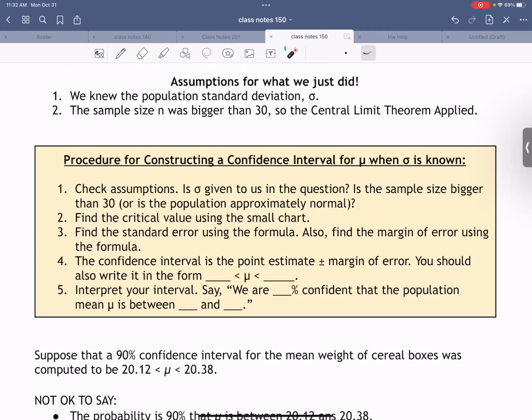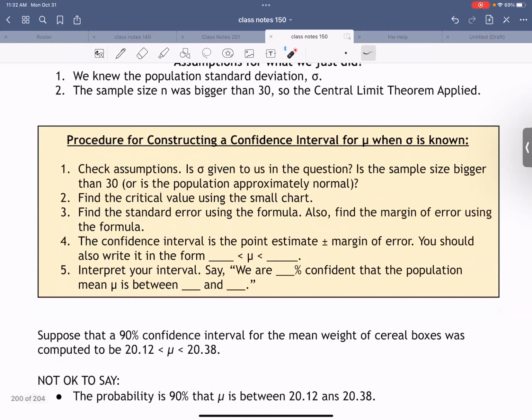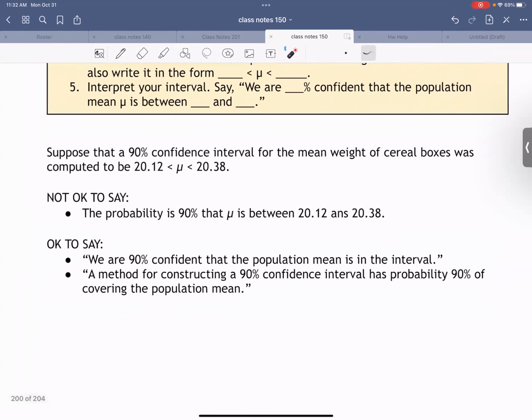Before we actually do an example, let's suppose that we did a 90% confidence interval and we got these two numbers. I think I harped on this long enough. It is okay to say that we are 90% confident that the population mean is in the interval. What's not okay to say is that the probability of the mean being in the interval is 90%. That's actually not true.